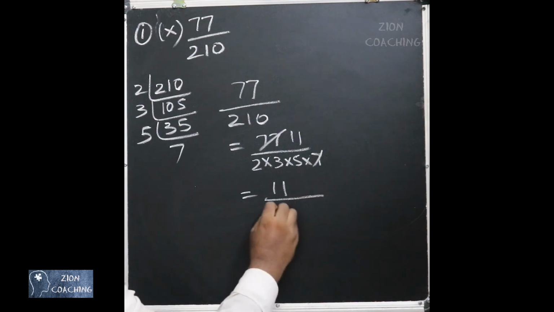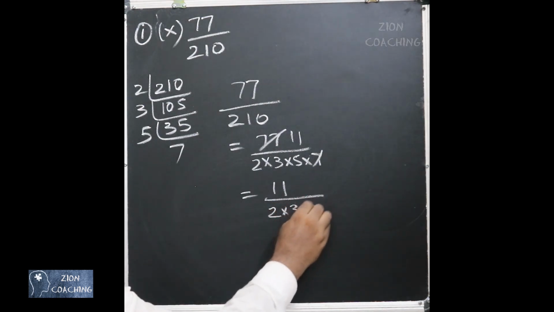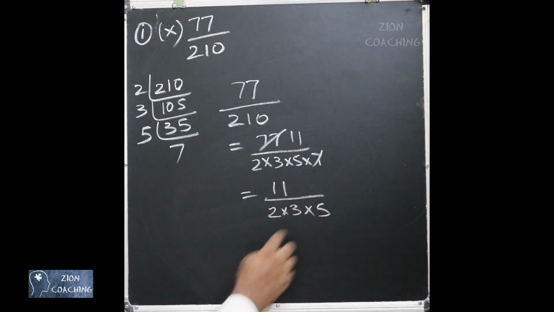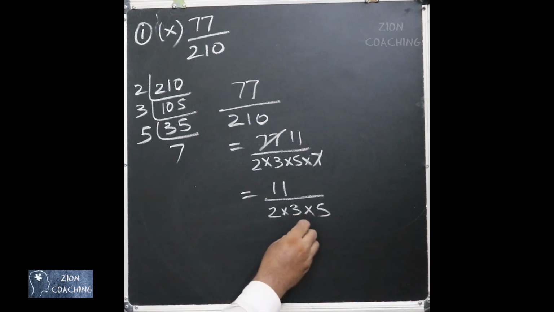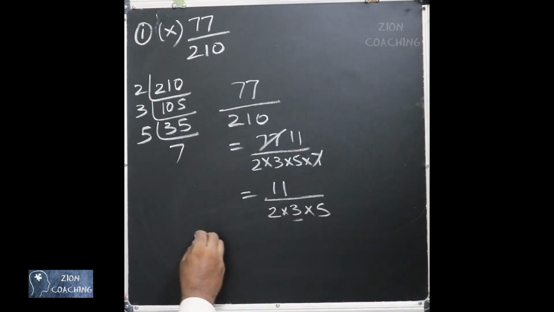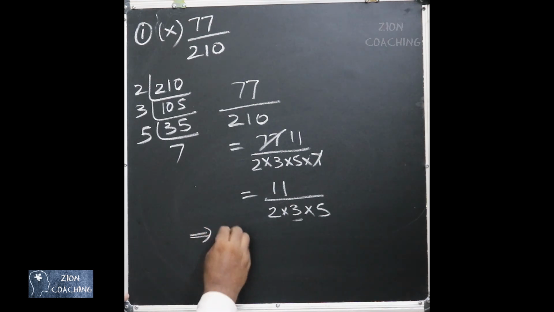Even after that, you can see one extra number 3 in the prime factorization of the denominator. For the number to terminate, there should be only prime factors of 2 and 5. Since this 3 is there extra, it has repeating decimal expansion.